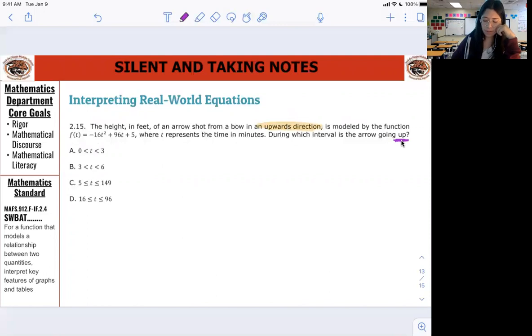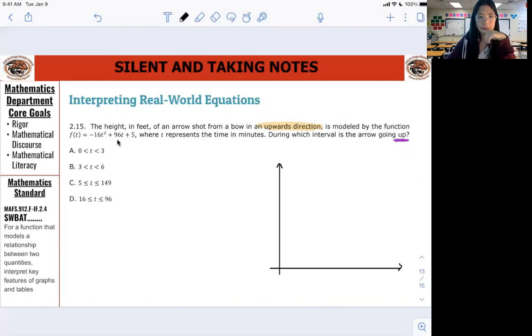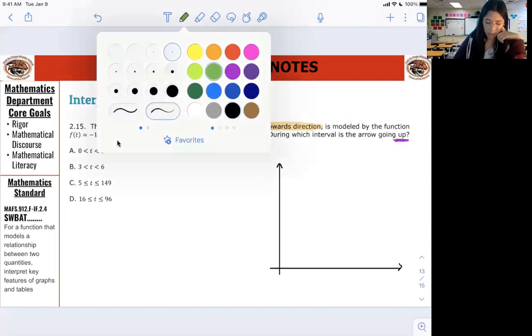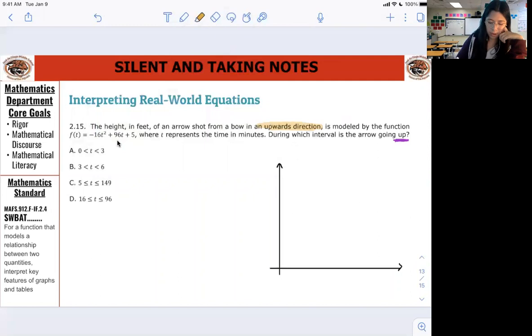So, real quick, let's do a little sketch. Because what do we know based on my equation? What form is this equation? We know the y-intercept, right? This is standard form, so I know that the y-intercept is 5. And is the graph going upwards or downwards?